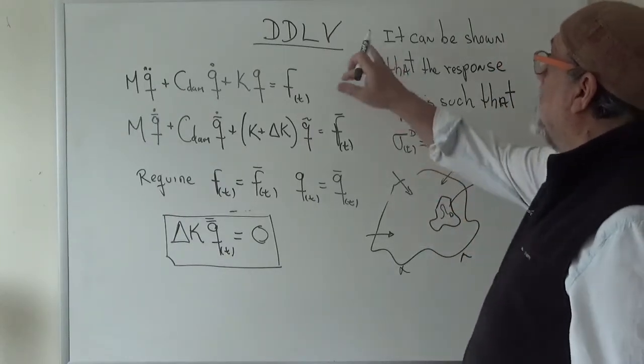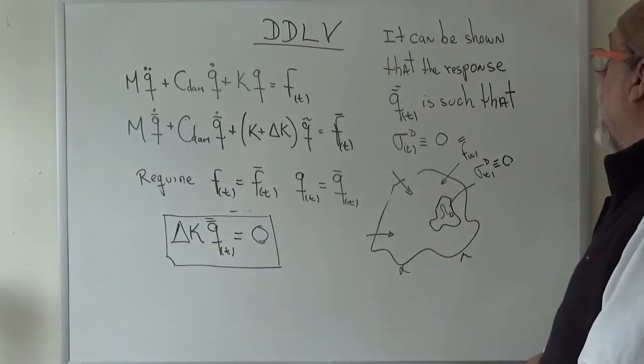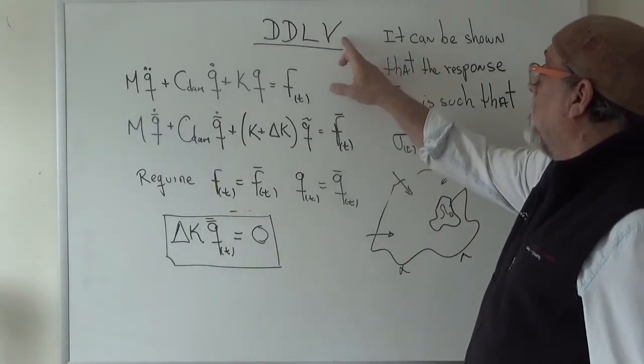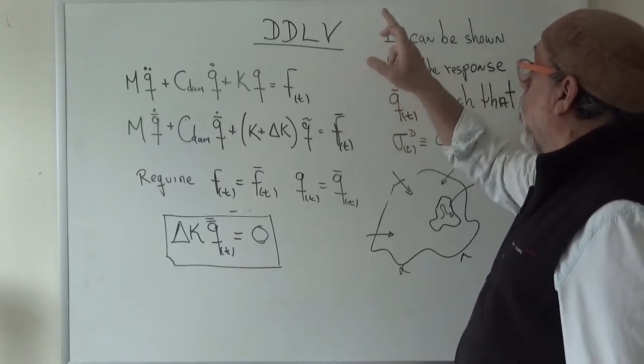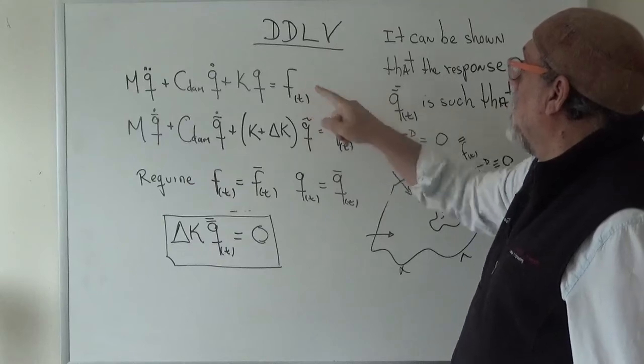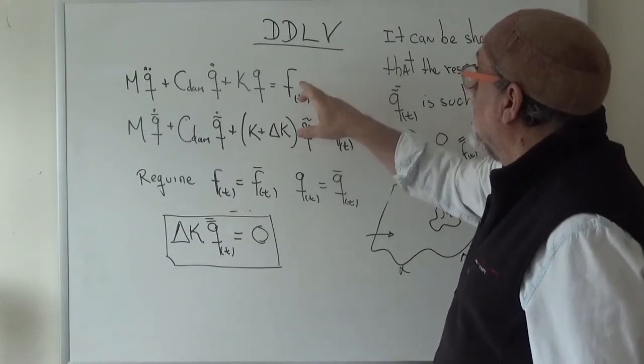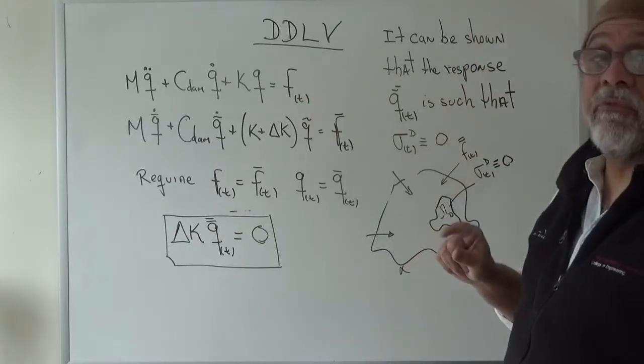So the task of the DDLV method, and I'm jumping ahead basically to the end, the task that we set out is the following. What are these loads? What is the load F double bar T? And more importantly, how can I find it from the data?